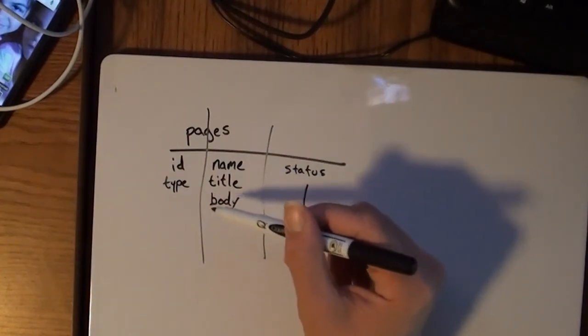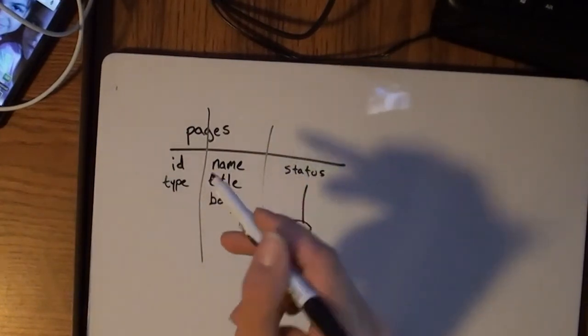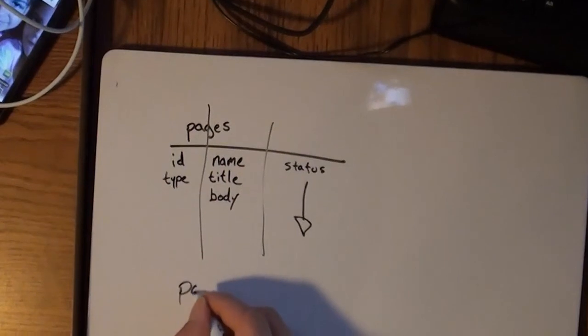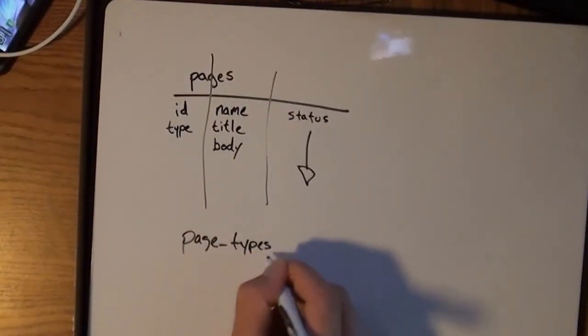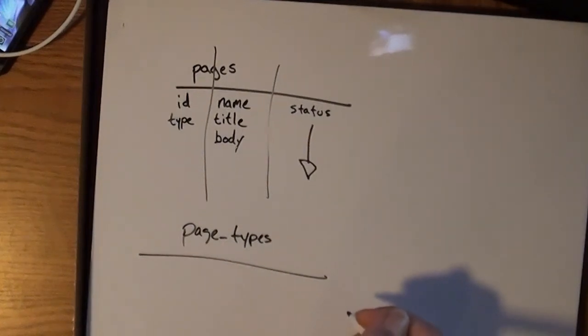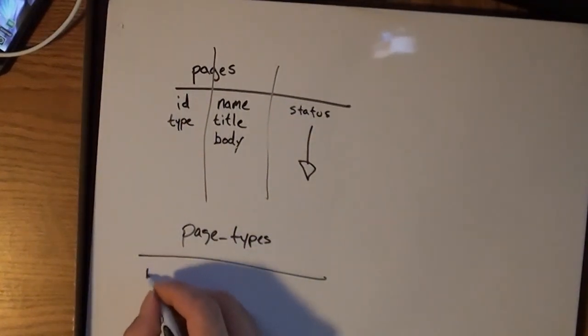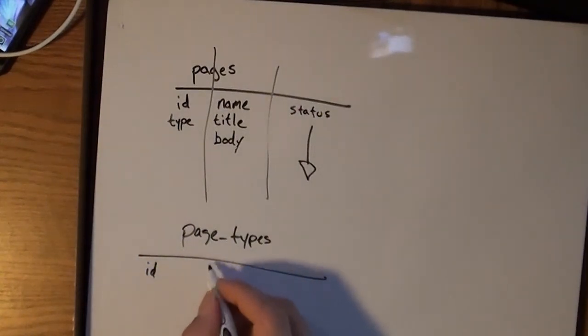We might have another table called page types. And it'd be a simple table where each page type would have an ID and a name.